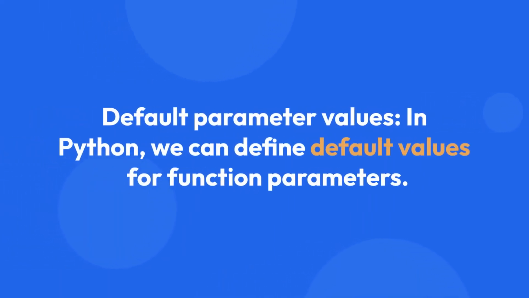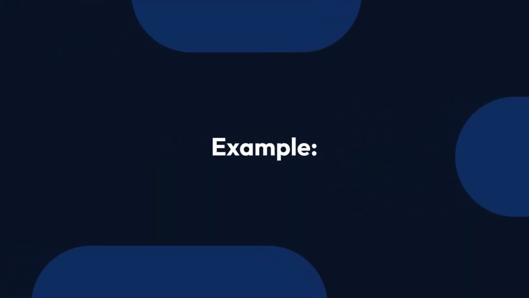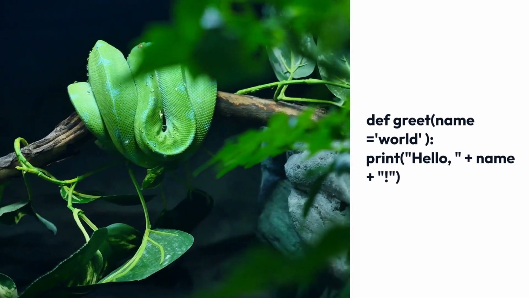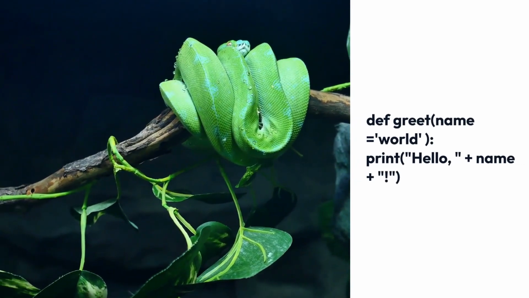Default parameter values. In Python, we can define default values as well. If none of the parameters are passed, the default one will be used. This means if the function is called without a value for a particular parameter, the default value will be used instead. Example: def greet(name="World"): print("Hello", name).